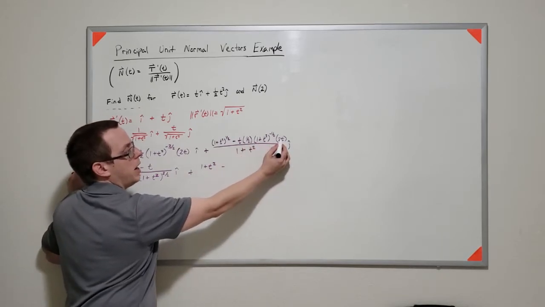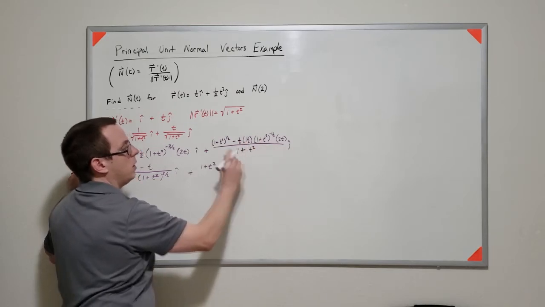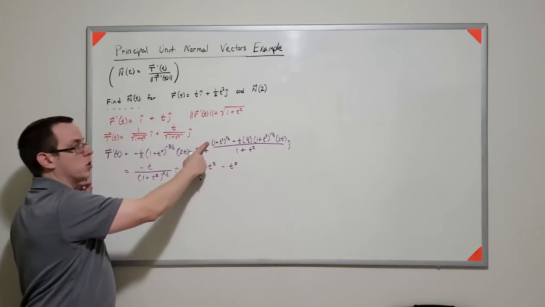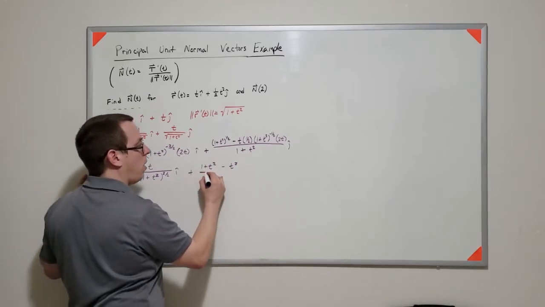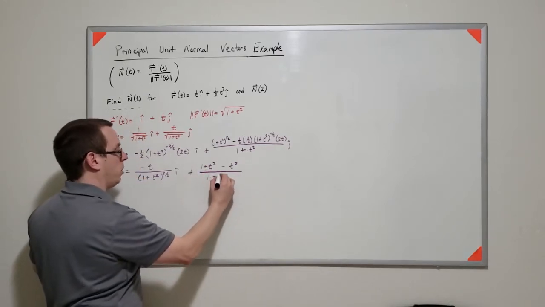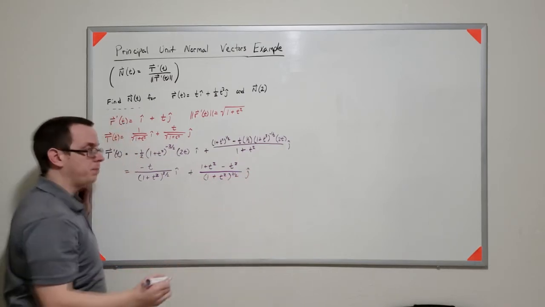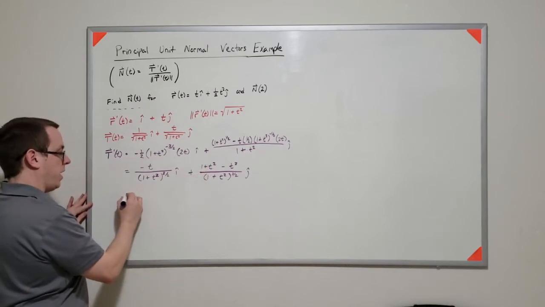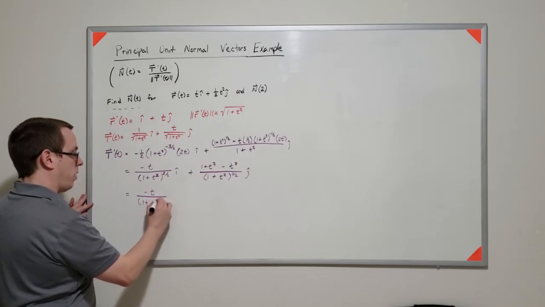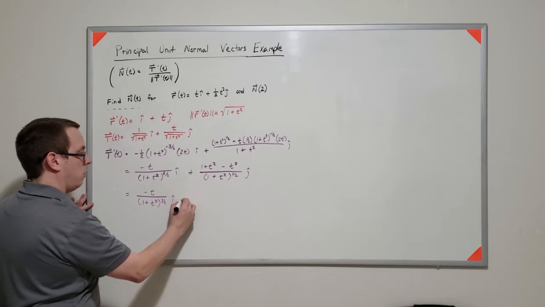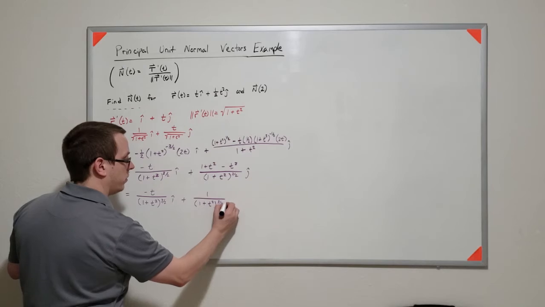So the 1/2 and the 2 cancel, and the t becomes t squared. If I multiply by the square root of 1 plus t squared, that cancels that one out. And then on bottom, I have (1 plus t squared) to the 3/2 j. And I can simplify that by saying negative t over (1 plus t squared) to the 3/2 i plus 1 over (1 plus t squared) to the 3/2 j.